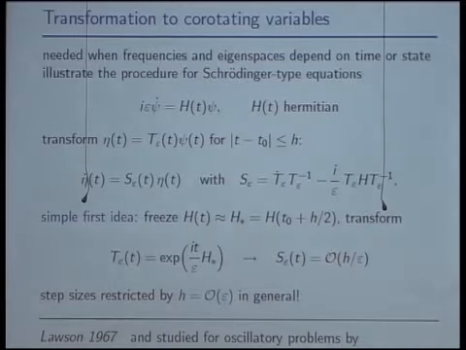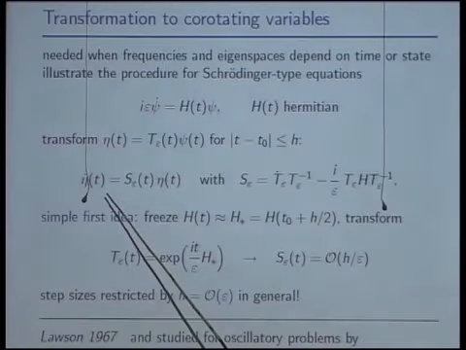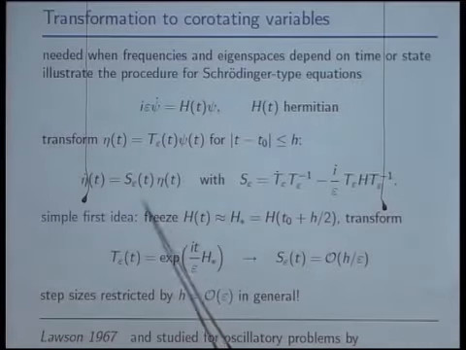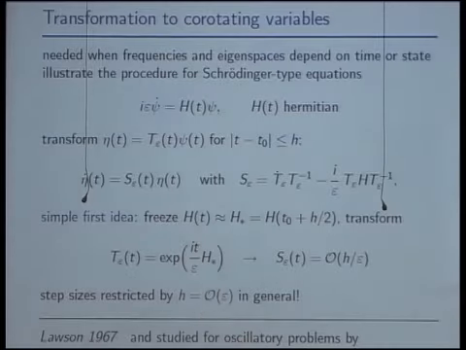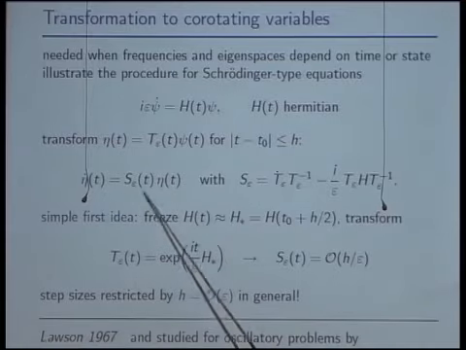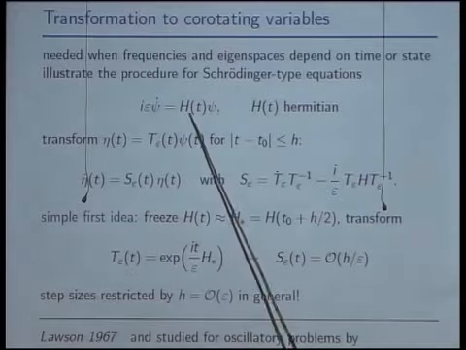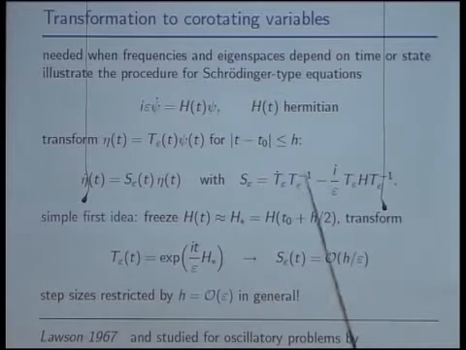And now the goal would be that eta should be smoother than the original psi. And this will be the case if the matrix which I get here is bounded uniformly in epsilon. So that would be the aim, to find a matrix S epsilon of t which is much smaller than the original matrix which has this 1 over epsilon in front.